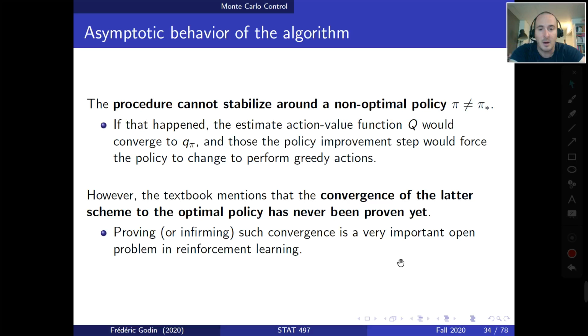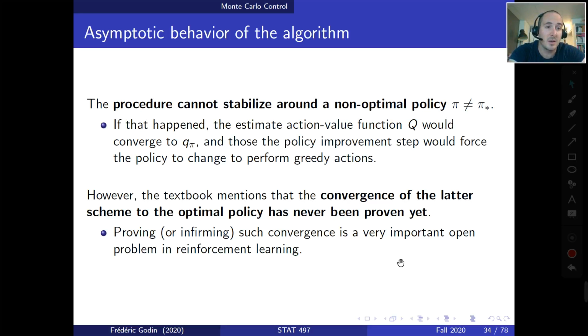However, according to the textbook, it was never proven by anybody that this type of algorithm would converge to the optimal policy. So we don't know yet. It might be possible that such an algorithm would have a policy estimate which would continuously fluctuate around various policies and not converge exactly to the optimal policy.